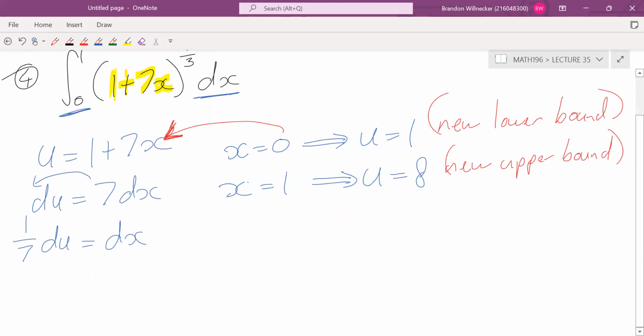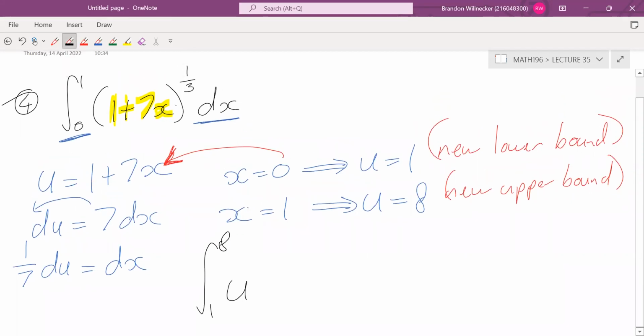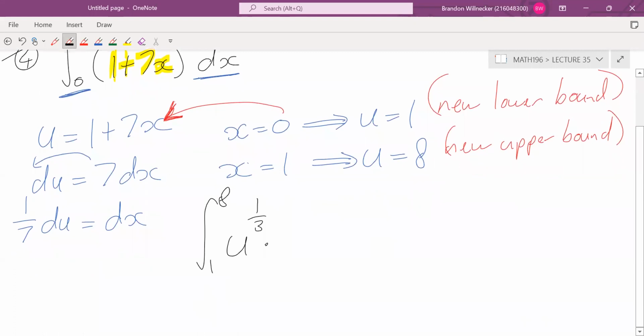Okay, so we've got all the pieces to put inside our new integral. So we have the integral. What is the new lower bound? That's going to be 1. What's the new upper bound? It's going to be 8. 1 plus 7x, that becomes u. But we have 1 plus 7x to the 1/3, so that's u to the 1/3. dx becomes 1 over 7 du.